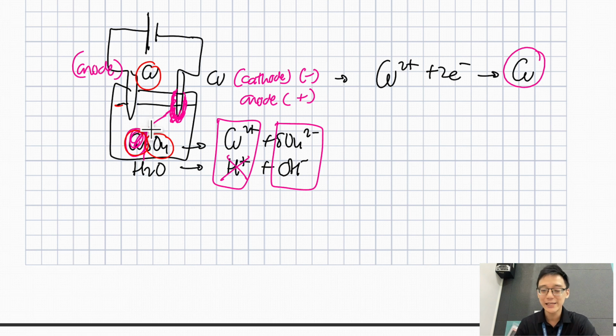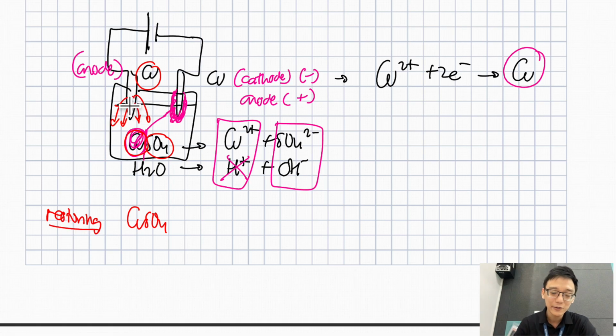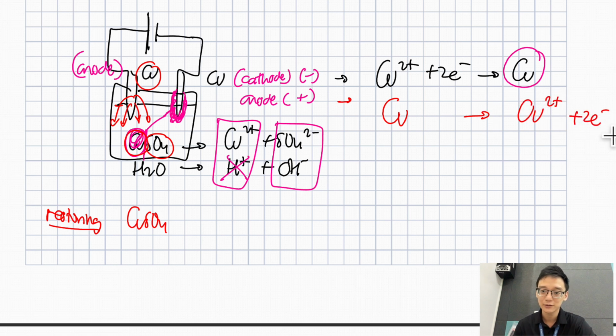Is there a way? Yes. It can grab the copper from the electrode, change it into copper ions to restore CuSO4. In this case, at the anode, copper will be turned into copper ions by releasing 2 electrons.